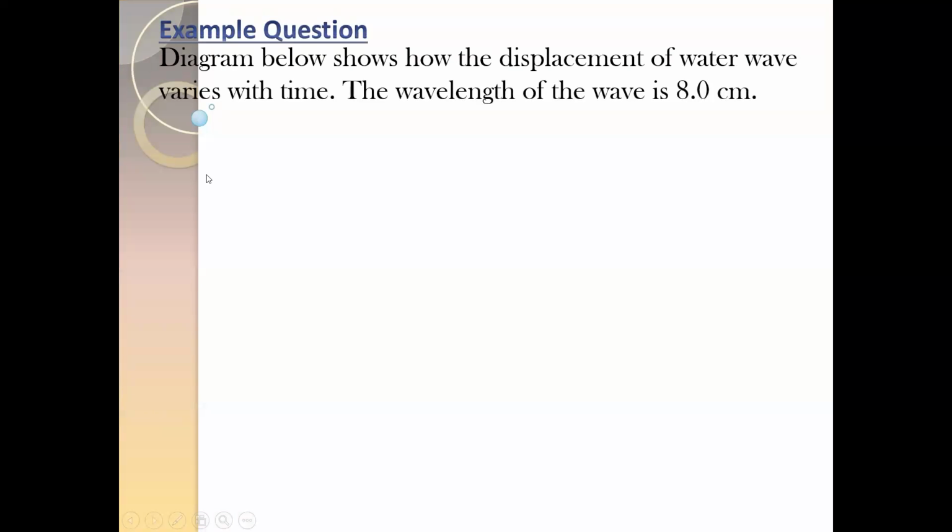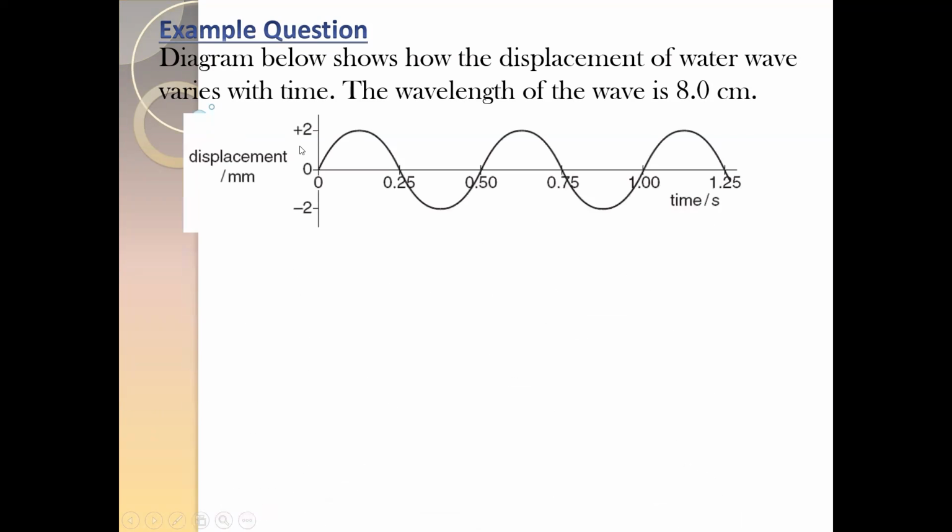So this is an example question. The diagram shows how the displacement of a water wave varies with time. The wavelength of the water wave is 8 centimeters and the time interval is also given. State the amplitude. So what is the amplitude of this water wave?